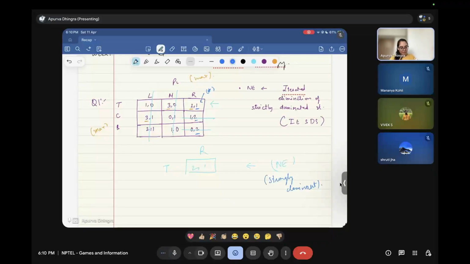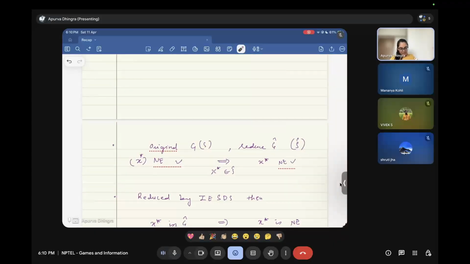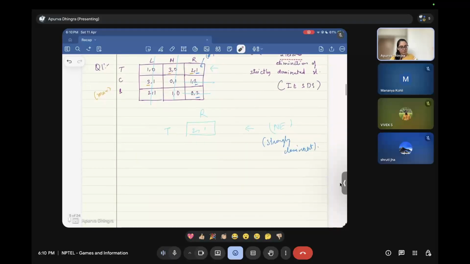So using the method of iterated elimination of strictly dominated strategies will lead you to finding the Nash equilibria of the original game. What this means is, think of these two games as an original game and a reduced game, meaning we have removed some strategies.